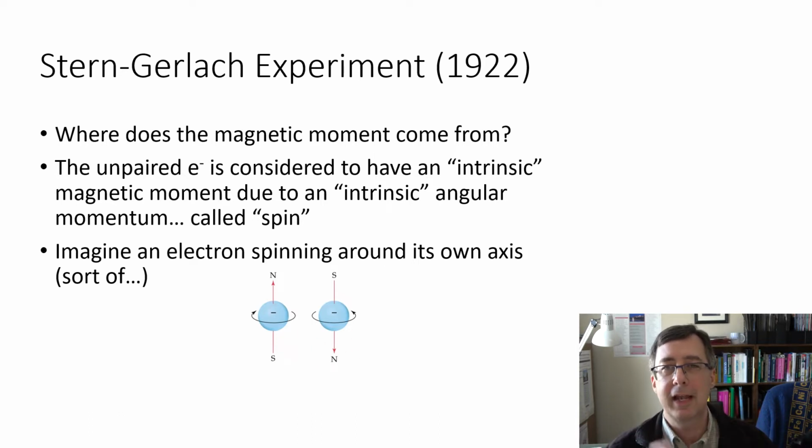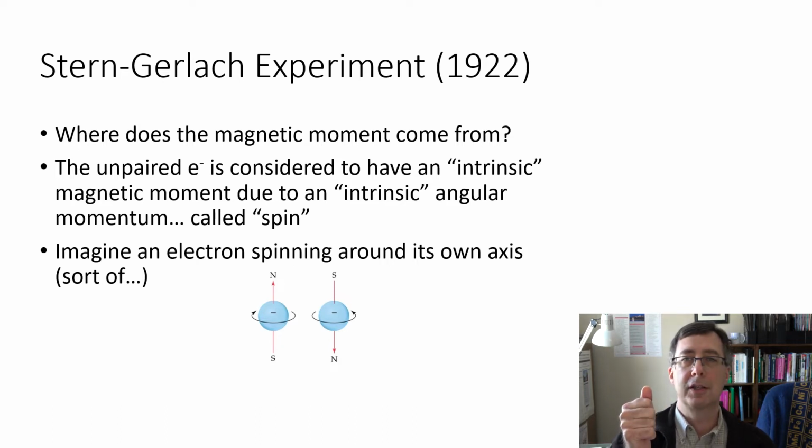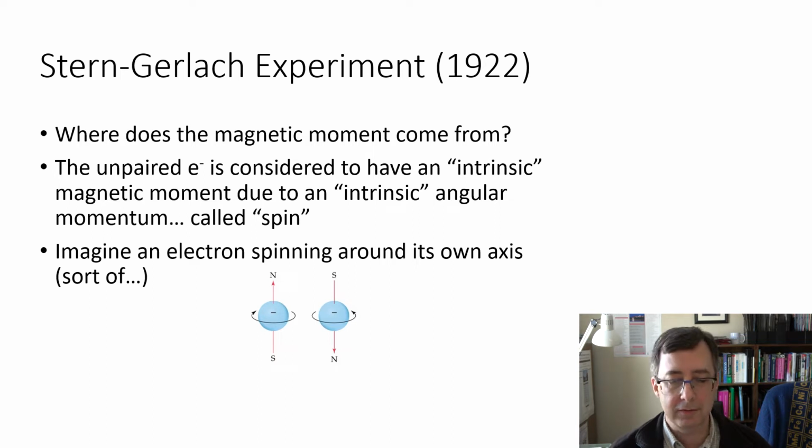Now, this is a very hand-wavy thing. Sometimes you see this in textbooks. There's a problem with this, and one is, if an electron were modeled as a point charge, then it has zero width, and so spinning around your own axis doesn't really make sense.